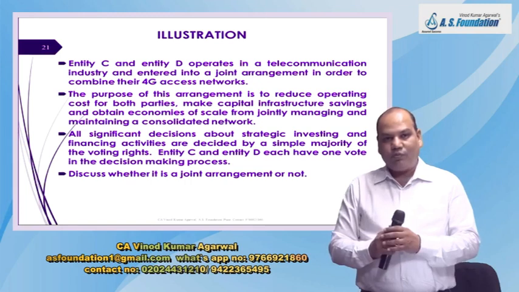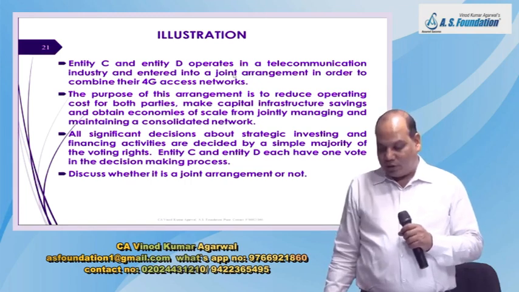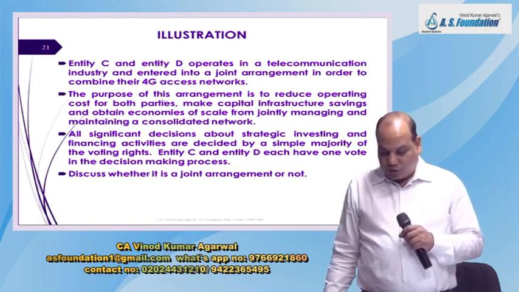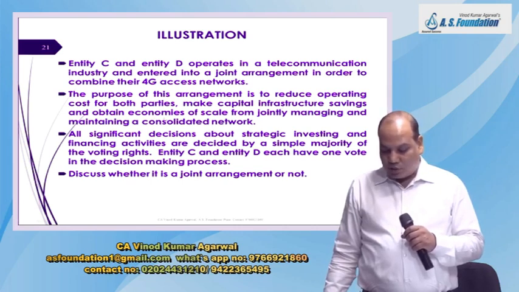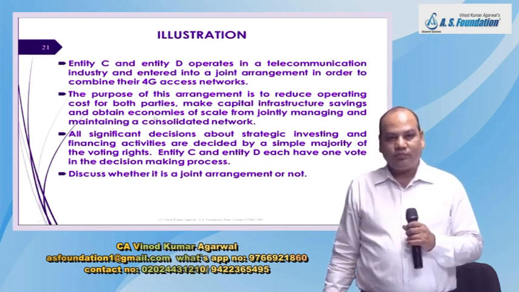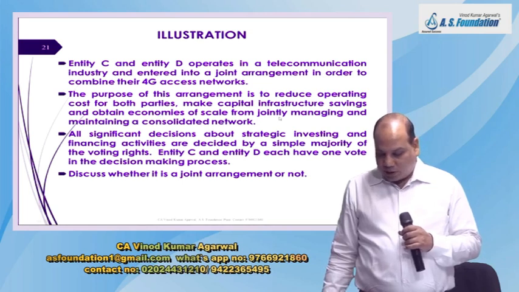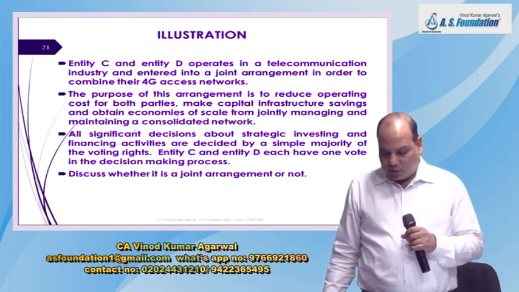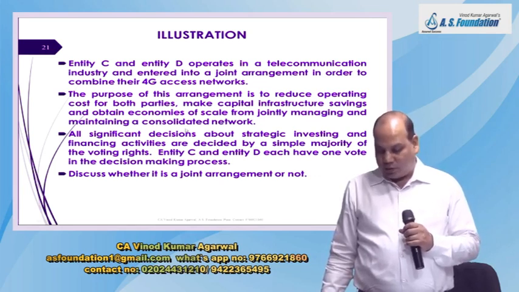So again, this is quite a common arrangement in the telecom business. The purpose of this arrangement is to reduce operating costs for both parties, make capital infrastructure savings, and obtain economies of scale from jointly managing and maintaining a consolidated network. So this will have a huge saving for both the parties.